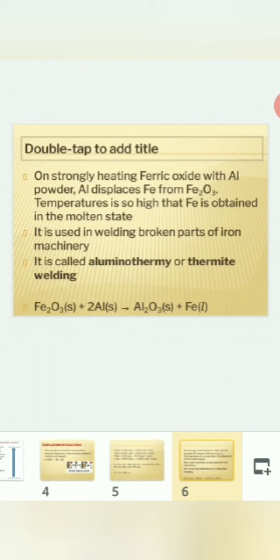So this reaction is again a displacement reaction where the application is to get a very high amount of energy. A tremendous amount of energy is released which melts iron, and that's why it has application in welding and to join broken parts of iron machinery.